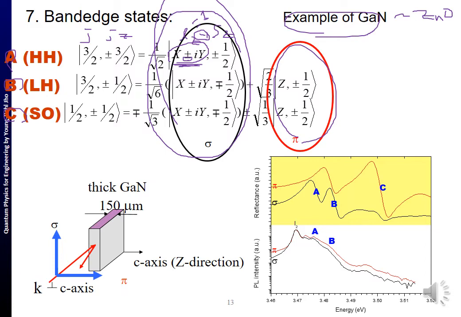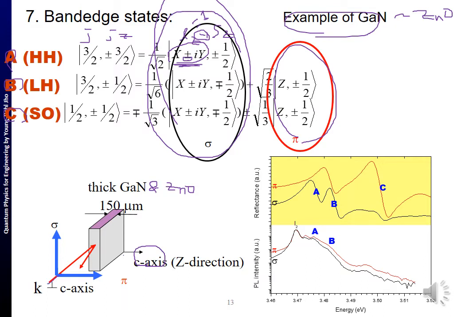So for example, this is the c-axis, the conventional cross axis of gallium nitride and zinc oxide. They share almost the same state. Then let's say light is incident along here. The red line is the light incident direction.